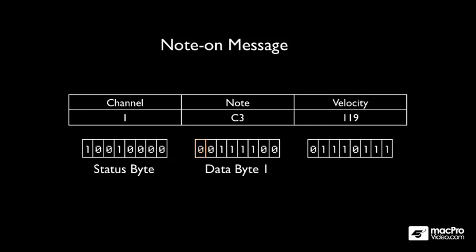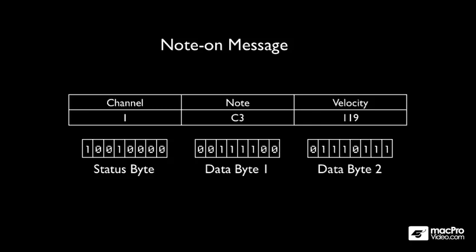And finally, we have the second data byte, and in a note on message, its job is to specify the velocity that the note is to be played at. So in this case, these 7 bits are indicating a velocity of 119. And this last bit again is indicating that this is a data byte. So our note on message is comprised of 24 bits in total.